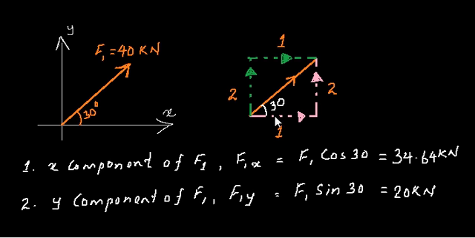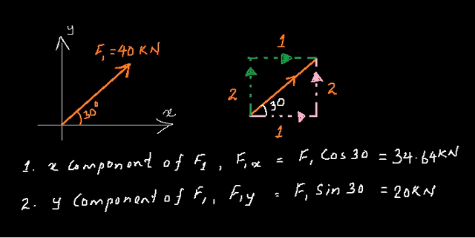You resolve the force into two components so that the resultant force of those two components will be the original force. You can either create a lower triangle or an upper triangle. In fact, you are creating a parallelogram, or the triangular law here. You create a triangle, resolve the force into two.